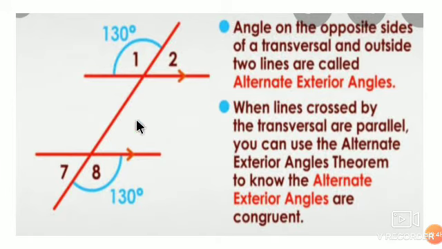So here angle 1 and angle 8, which are of 130 degrees, are an alternate exterior angle pair, and angle 2 and angle 7 are also a pair of alternate exterior angles. So two pairs of alternate interior angles and two pairs of alternate exterior angles are formed.